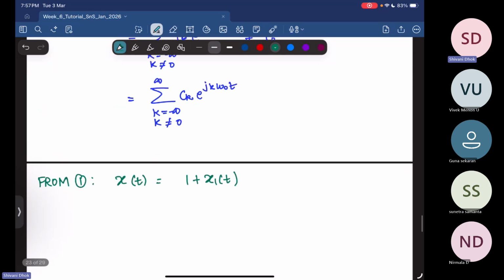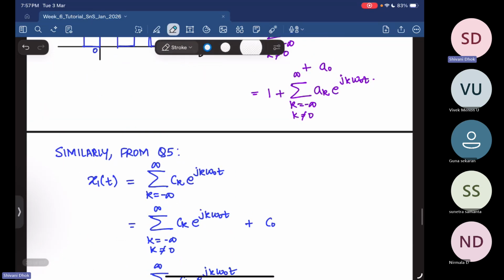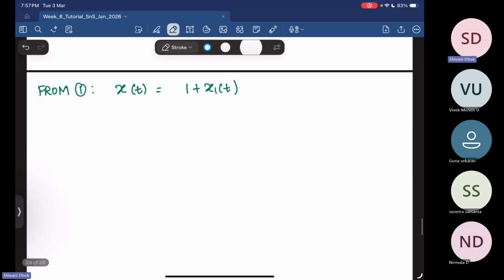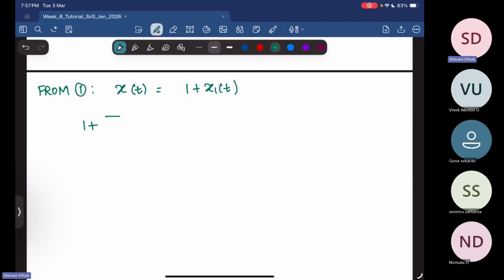Your x of t is essentially 1 plus summation k running from minus infinity to infinity k not equal to 0 ak into e power j k omega naught t.